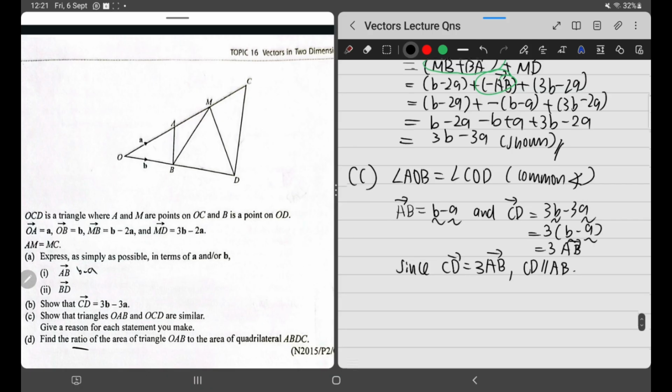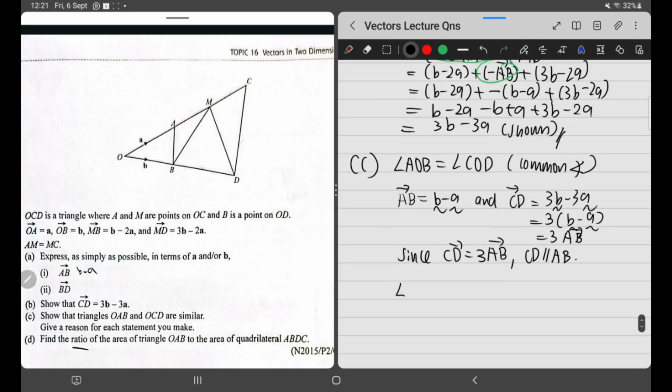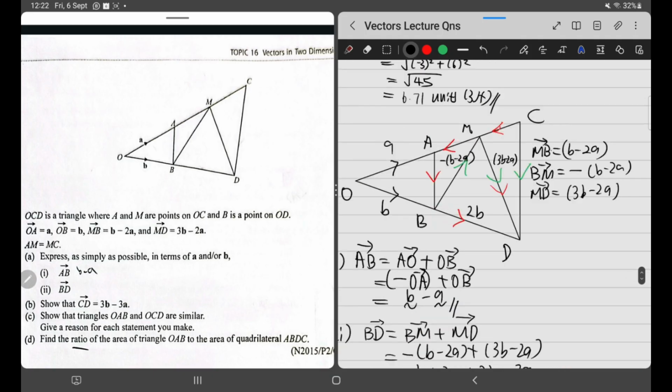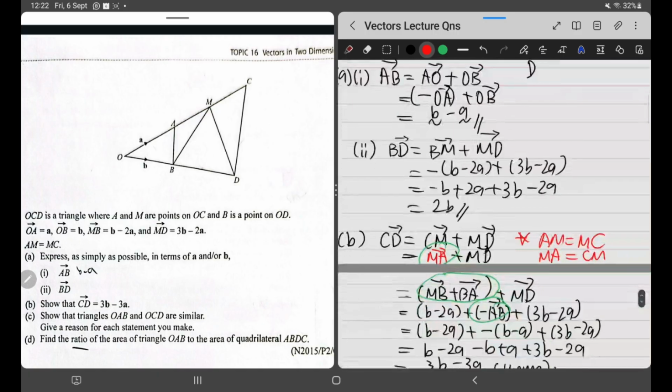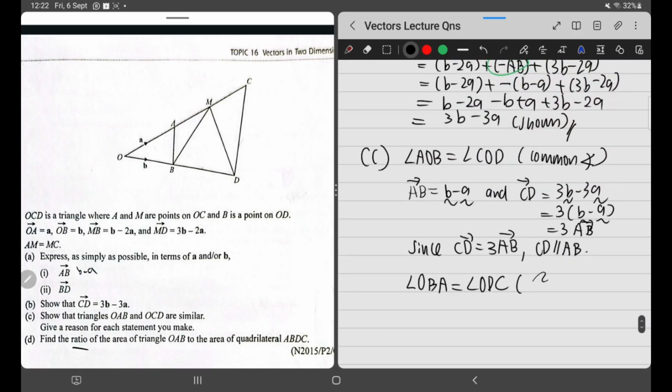And since CD is parallel to AB, we can say that angle OBA equals angle ODC. Why? Because since these two lines are parallel to each other, that gives us corresponding angles.